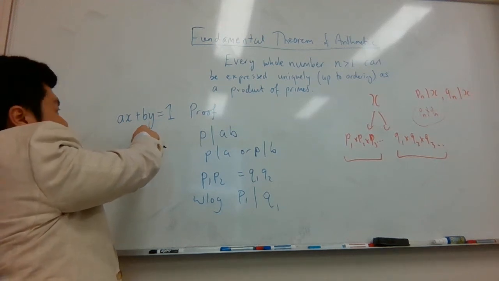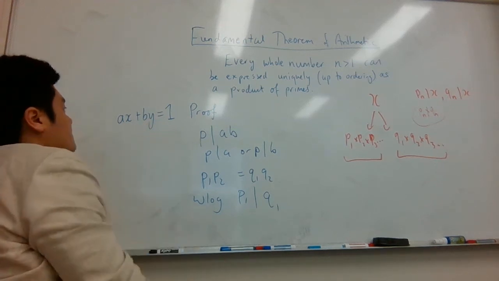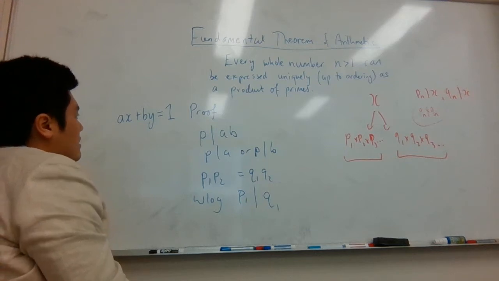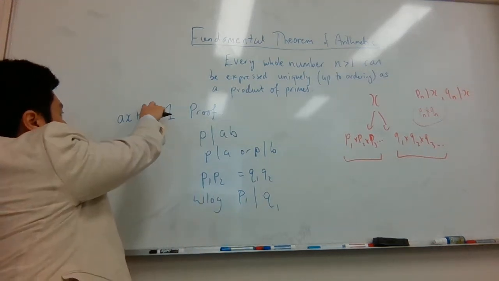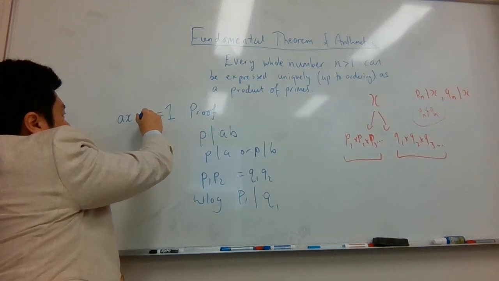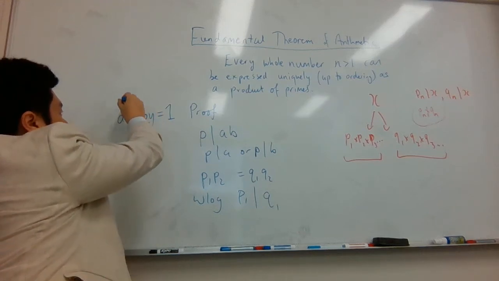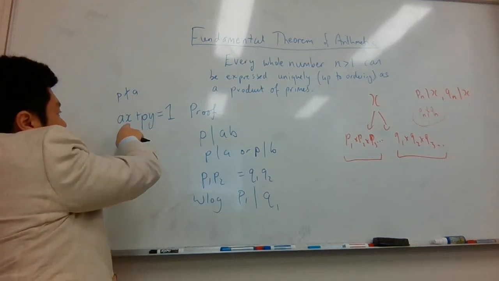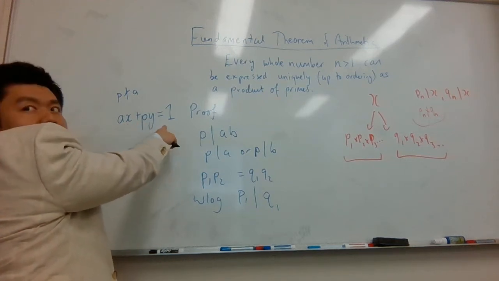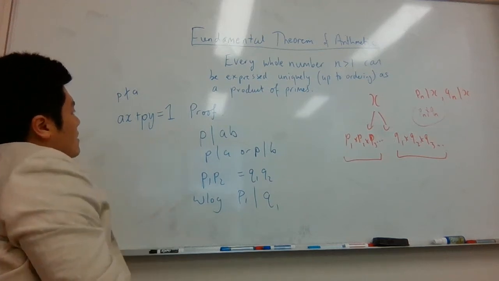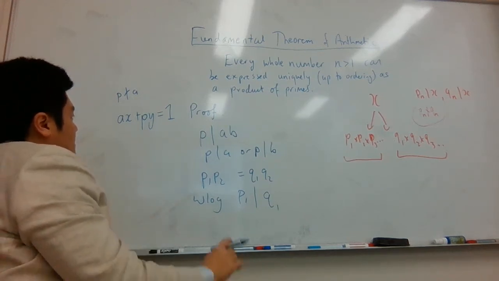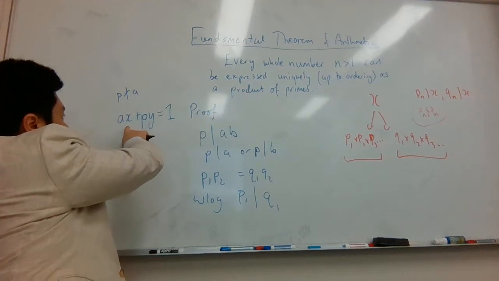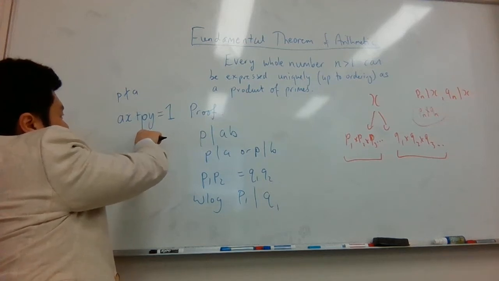So you just let one of these be p. So assume that p and a are co-prime. There exist x and y such that this equation is true.